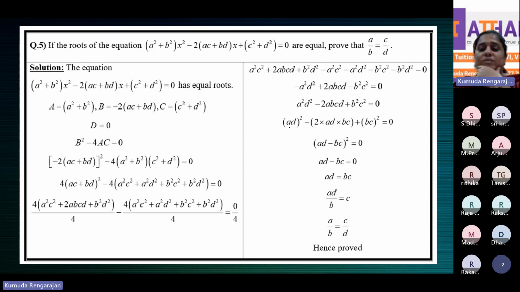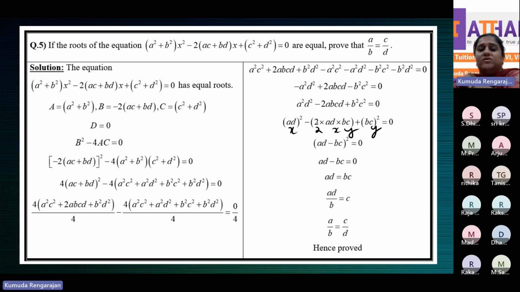So now this is of the form x square minus 2 into x into y plus y square, which is nothing but x minus y the whole square. AD minus BC the whole square is equal to 0, which means AD minus BC is equal to 0. On transposing, AD is equal to BC.